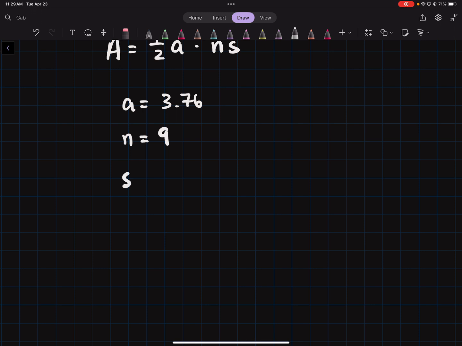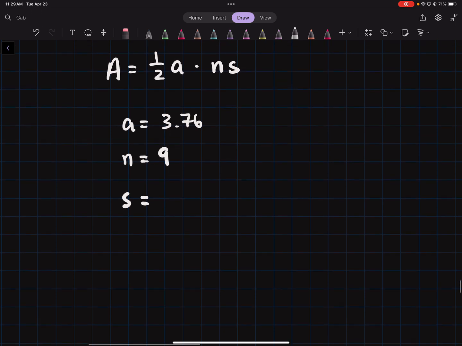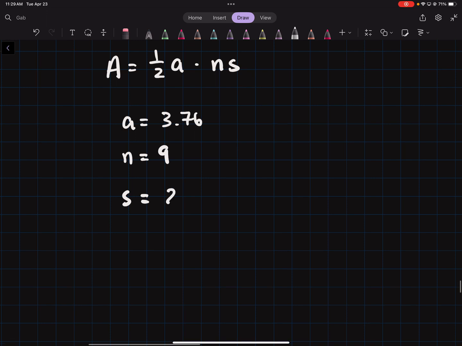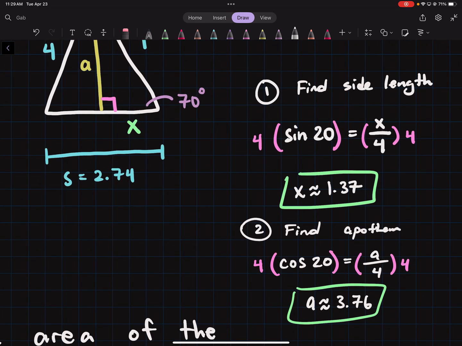Okay? Side length was equal to? 2.74. Okay, so yeah, once we found x, you have to multiply that by 2. Because x is only half. So if you want to add this in there, add that in there.